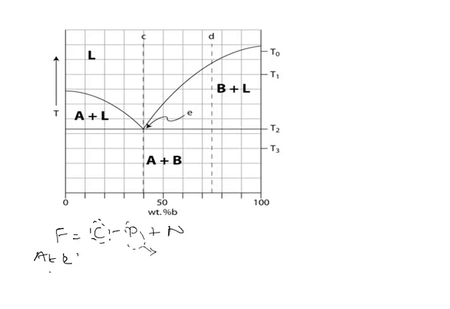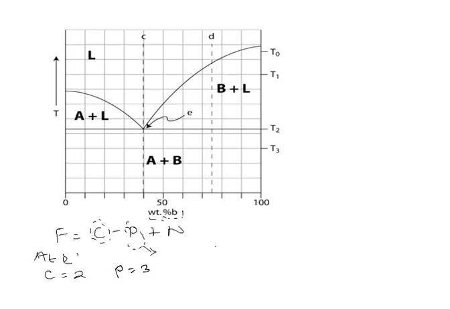And here, our component C is equal to 2. And the reason why this is equal to 2 is because this is a typical diagram of a binary phase diagram. As we can see, we have been given the weight percentage of just one component here. But for you to get the other one, you simply subtract 50% from 100%. As for the phases at point E, we have our number of phases to be 3 because it's the point of equilibrium, right?